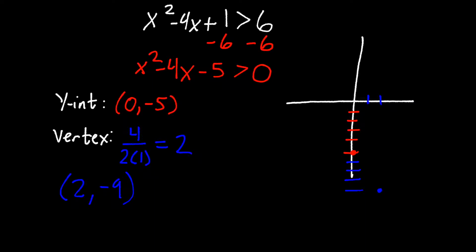Next, if I'm at (2, -9), and I go to the left 2, and now I'm at -5, that means going to the right 2 is also going to put me at -5 thanks to symmetry. And now we can create the general shape of our quadratic. It is greater than, so I want to make sure that I use a dashed line again.